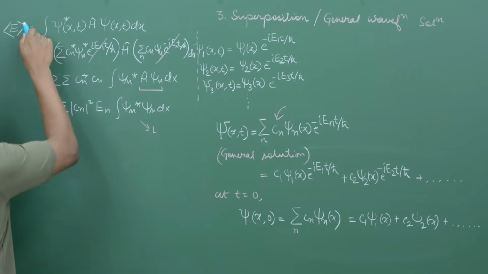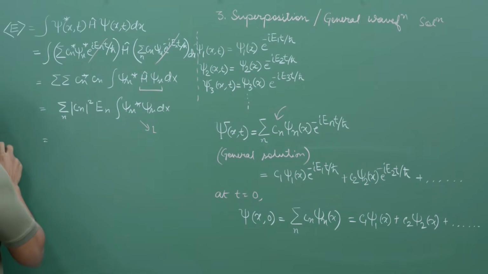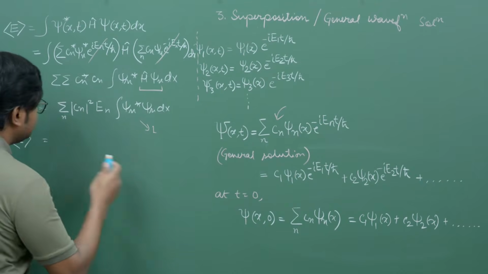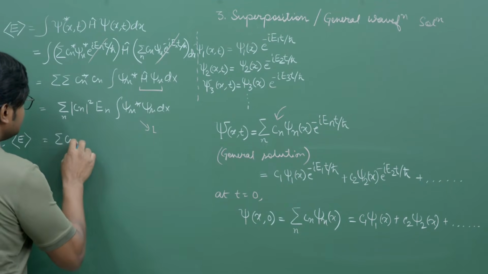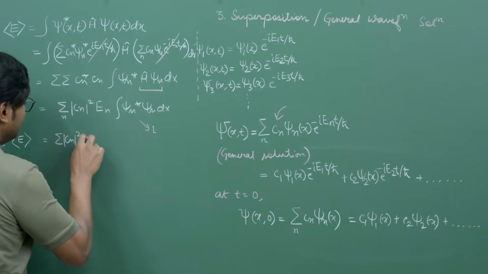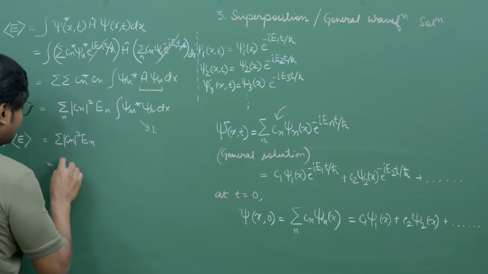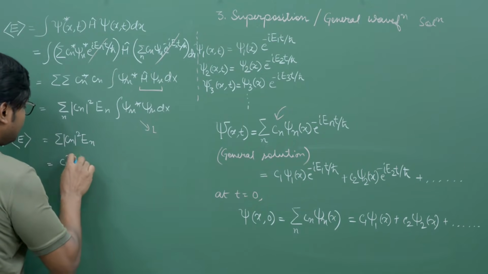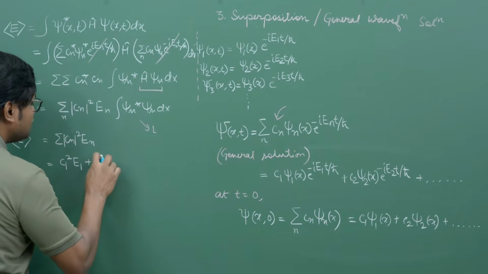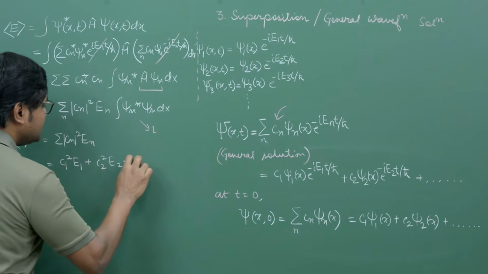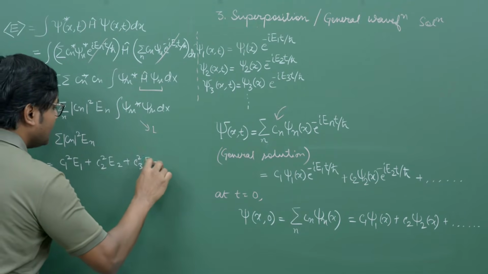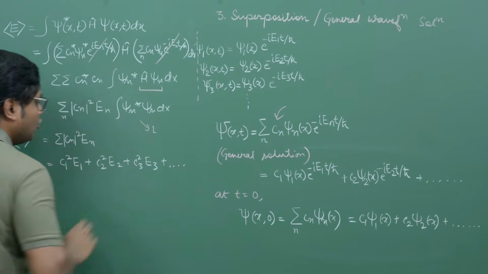And I end up getting the average energy for the system with respect to the general solution as the summation over Cn mod square En, which means that for different values of n, I have C1 square E1 plus C2 square E2 plus C3 square E3 and on.